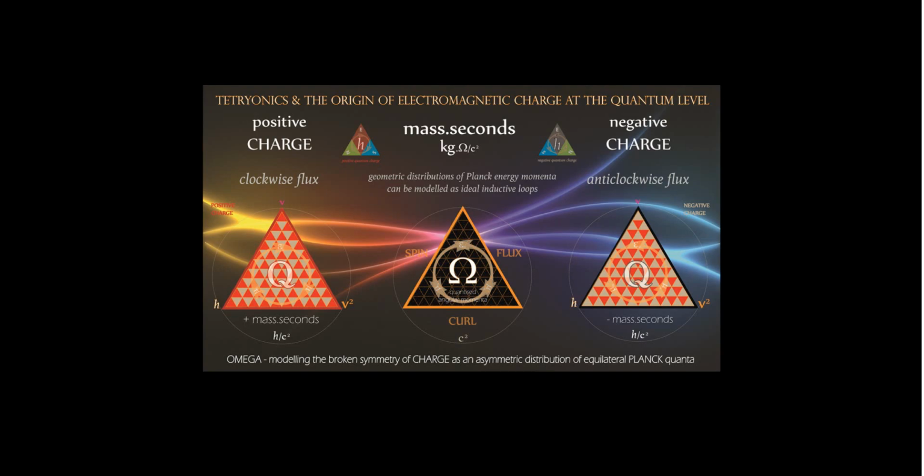Nothing complex. And in fact, if you color code all the triangles, you can see that where we originally described clockwise positive circulations and anti-clockwise negative charge circulations, we can now explain spin, flux, EM flux, and electrical curl or magnetic curl at the quantum level.